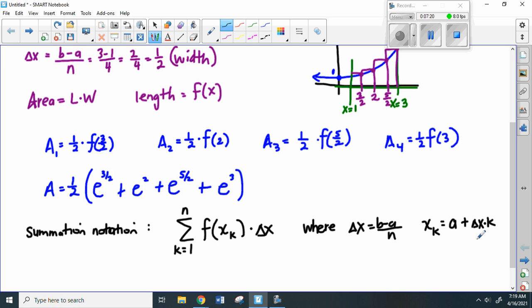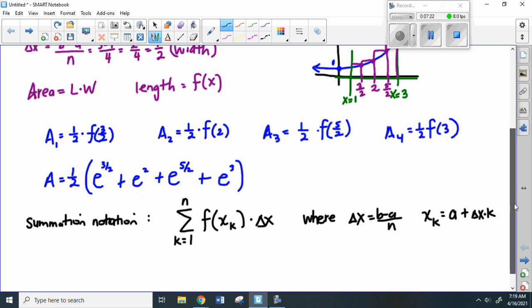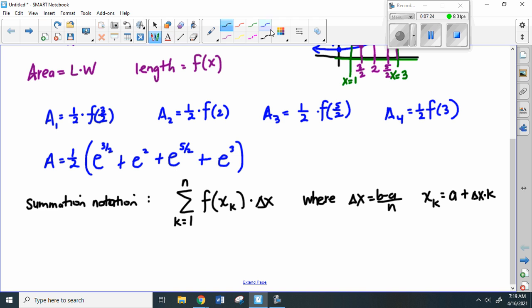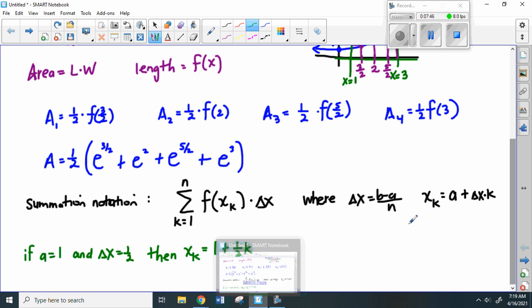So that's where that formula comes from. So if we take that information, and I'm going back to this problem, if a equals 1 and delta x equals 1/2, then x sub k for this problem would equal 1 plus 1/2 k.